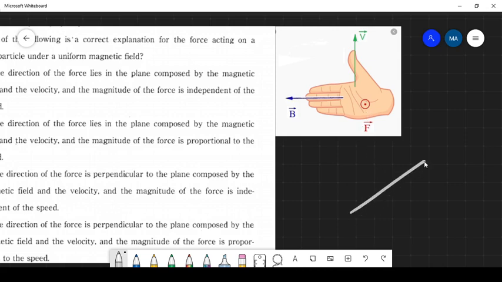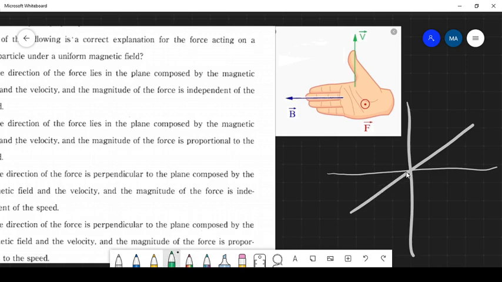So if you had something like this, this would be the force acting over here, this is the velocity, and here will be the magnetic field.